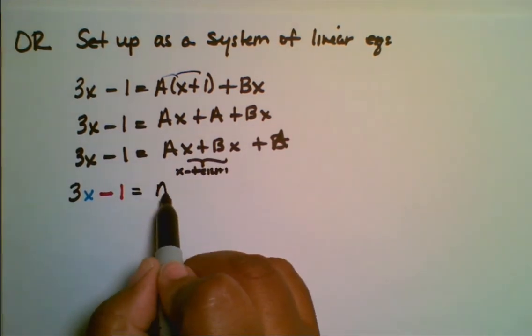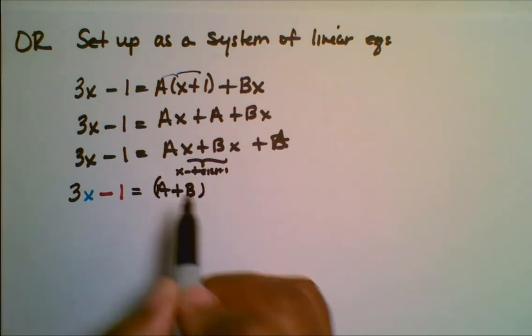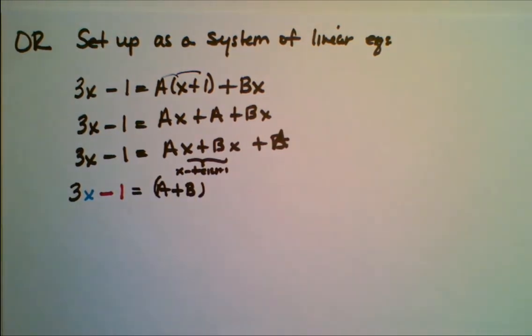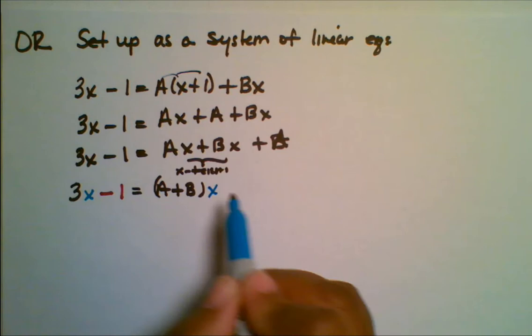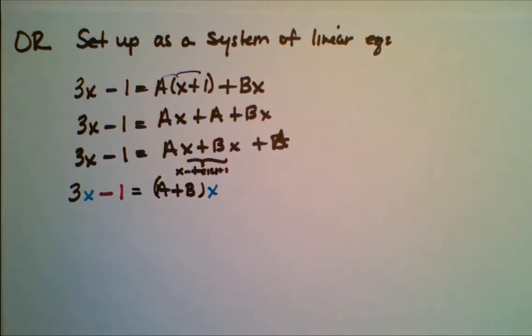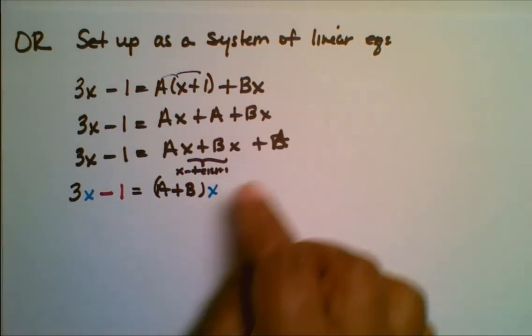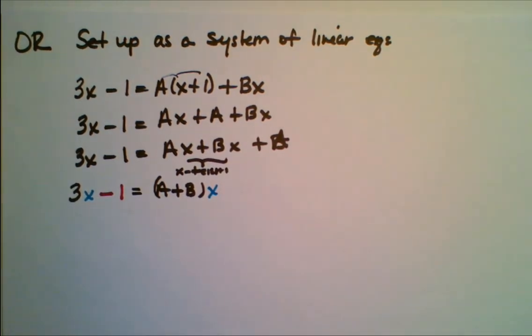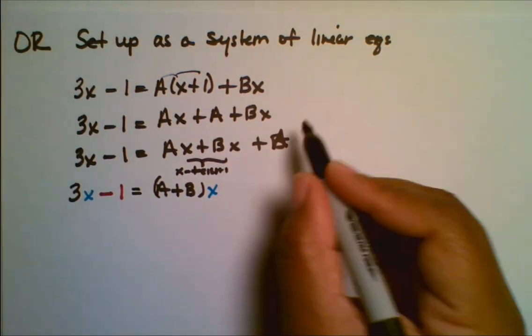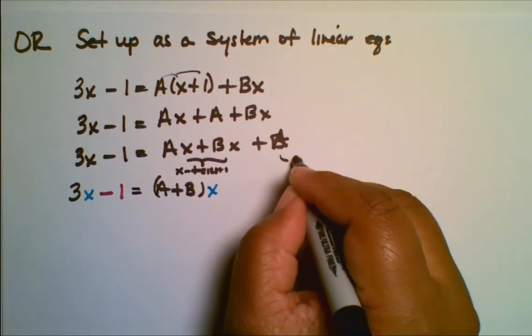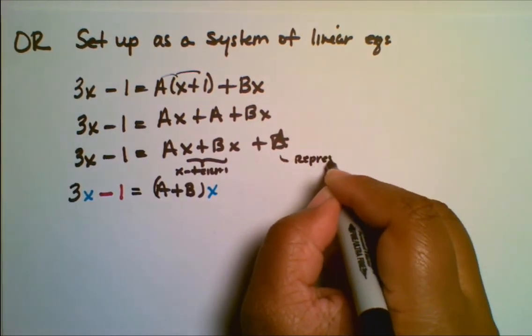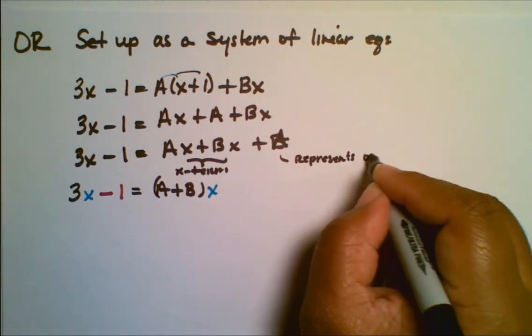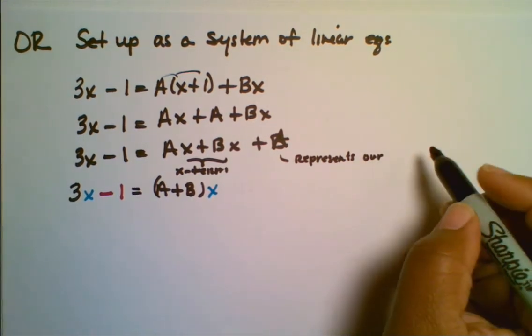We have a plus b times x, and then we have our coefficient, our unknown coefficient.